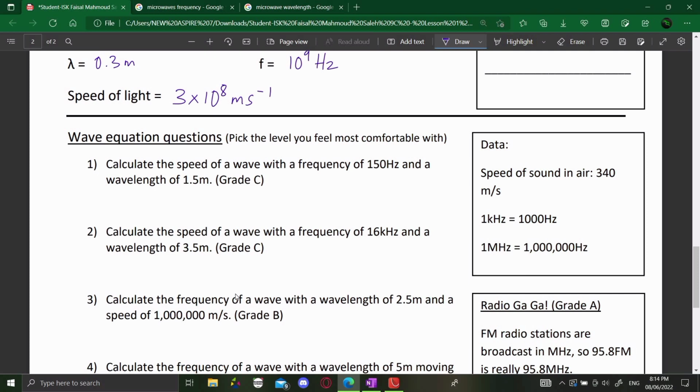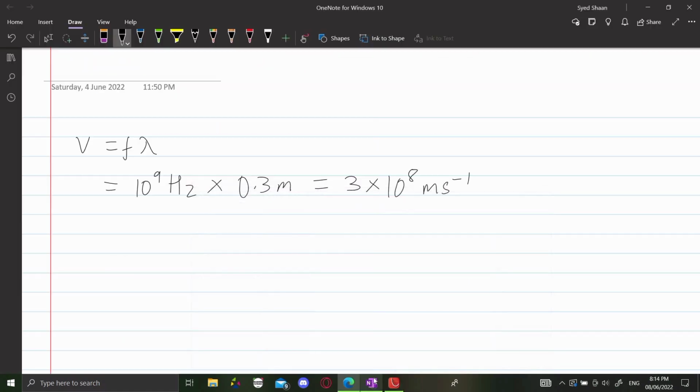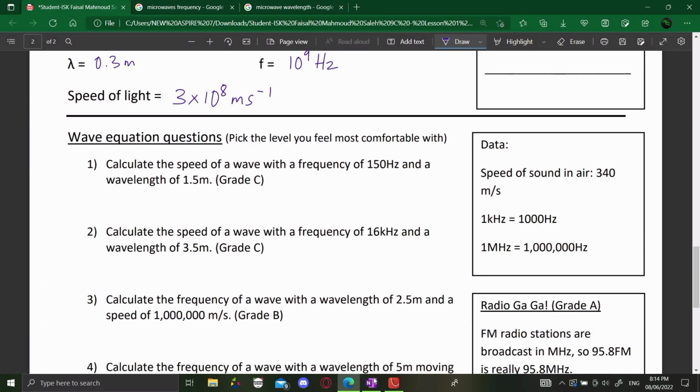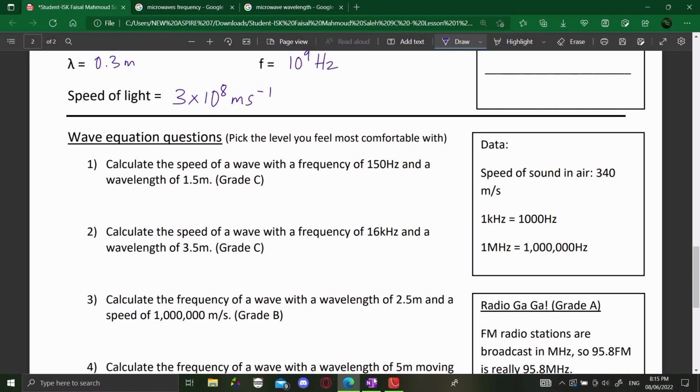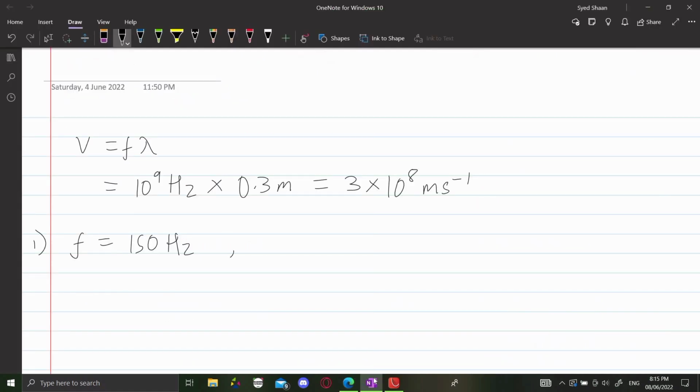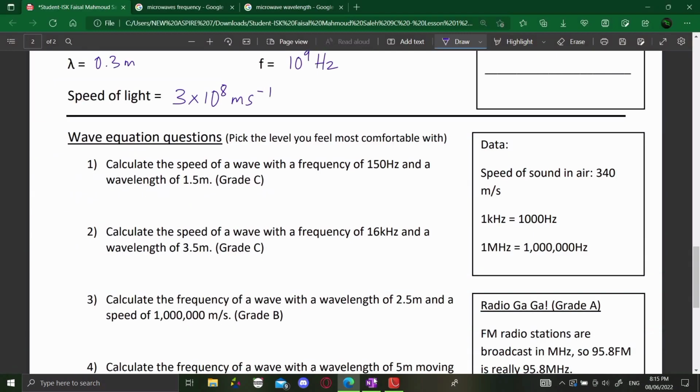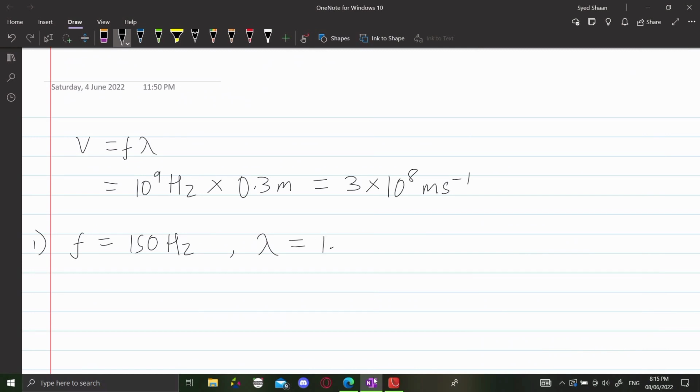Calculate the speed of a wave with a frequency of 150 Hz and a wavelength of 1.5 meters. So our frequency is 150 Hz, and our wavelength is 1.5 meters.